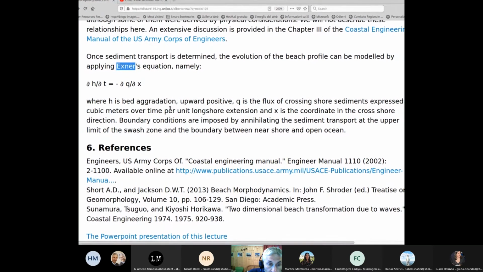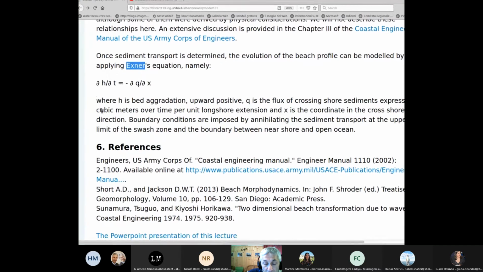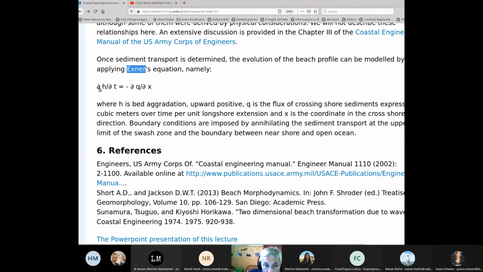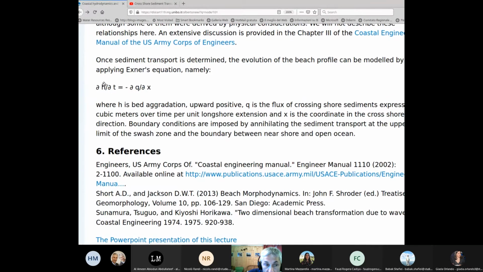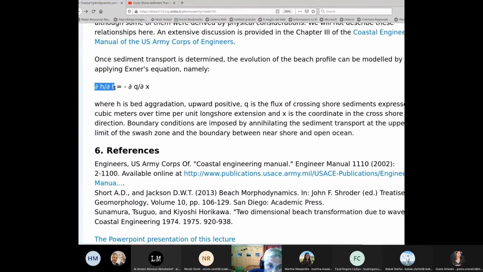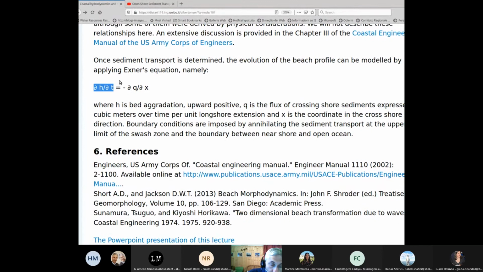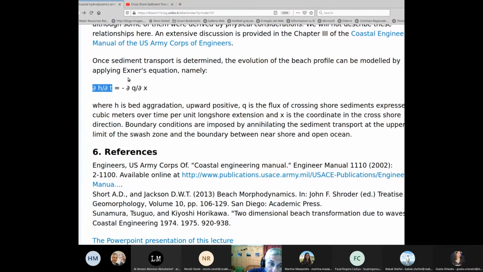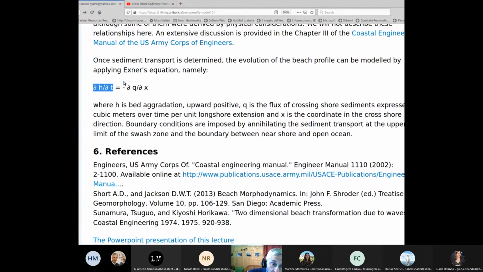It is using a concept that is similar to what we saw for the one-line model. Basically, it says that the partial derivative of the bed aggradation, so the partial derivative of the vertical dimension of the beach. Let's suppose that h is the elevation of the seabed with respect to a reference horizontal plane.